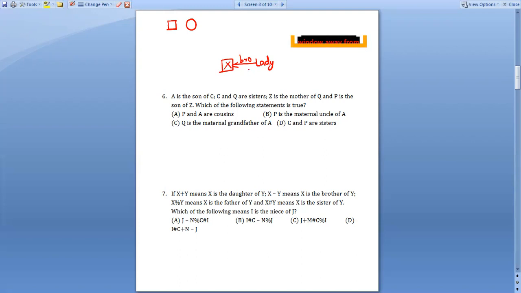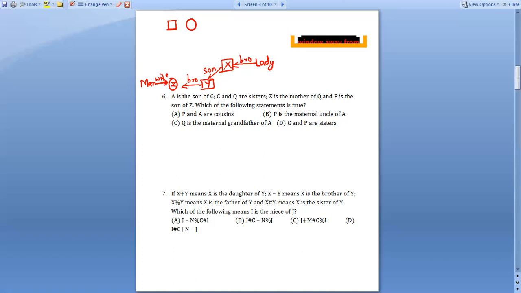So this brother has a son. Let's call him Y. The son of your only brother is the brother of my wife. So this son is brother of this man's wife. So let's call her Z. Okay. So this is the relationship between man and lady.